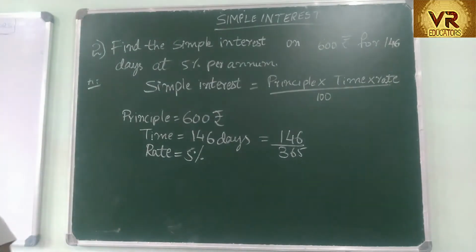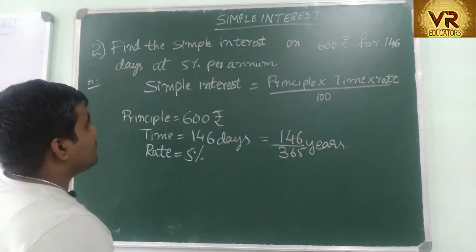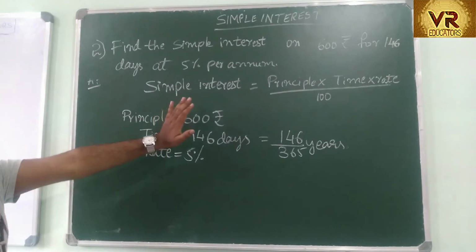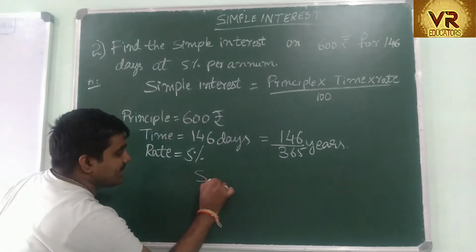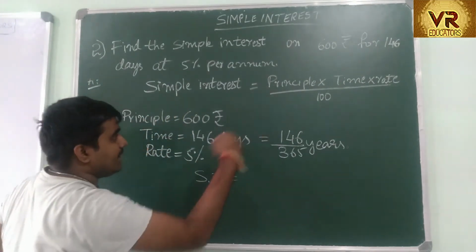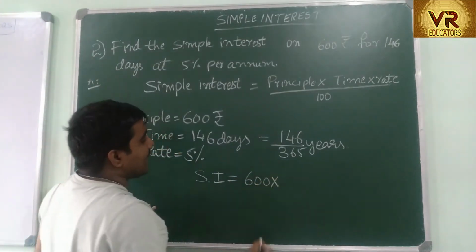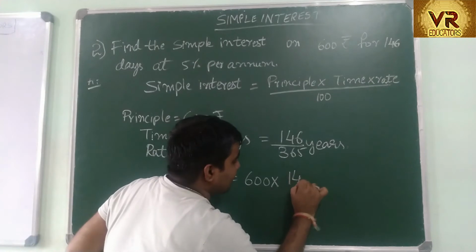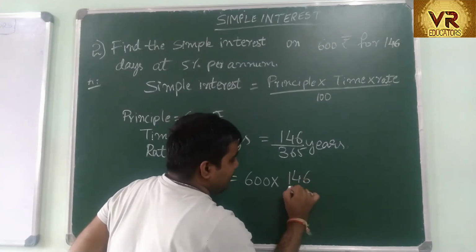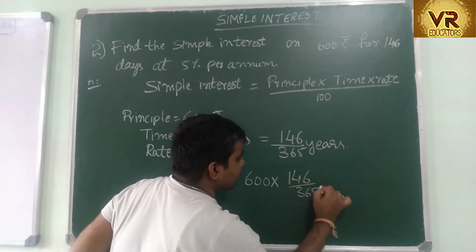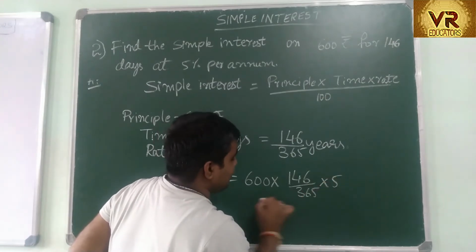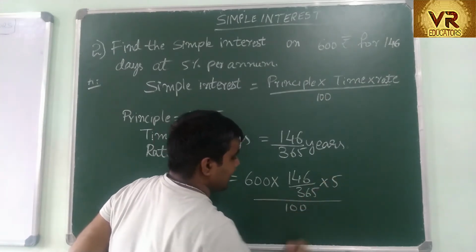Now we substitute in the formula: SI is equal to PTR by 100. P is 600, time is 146 divided by 365, rate is 5% divided by 100.